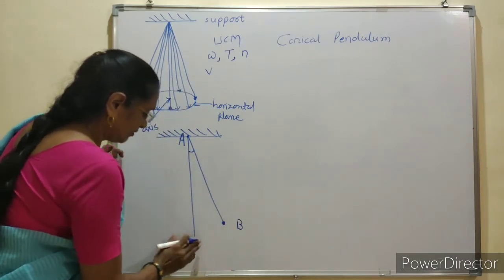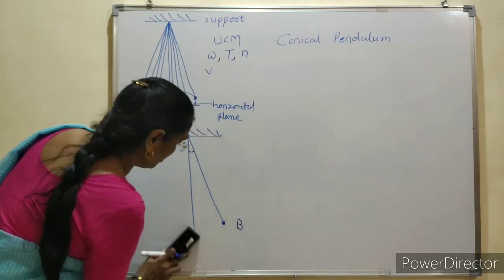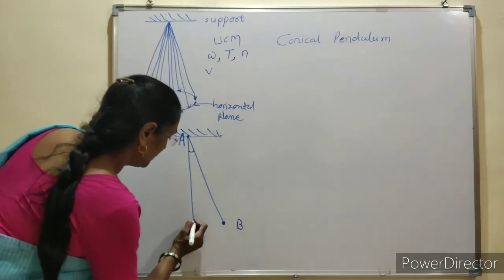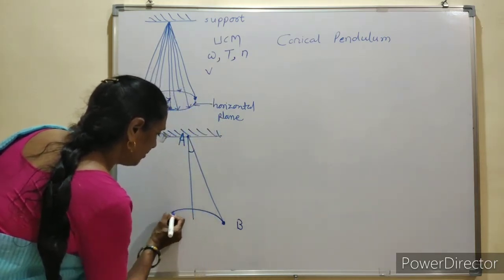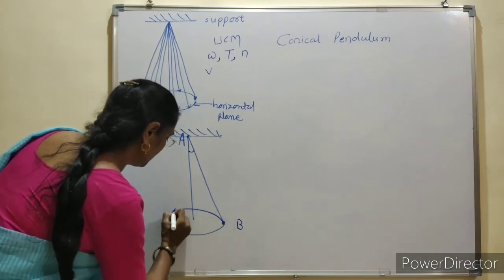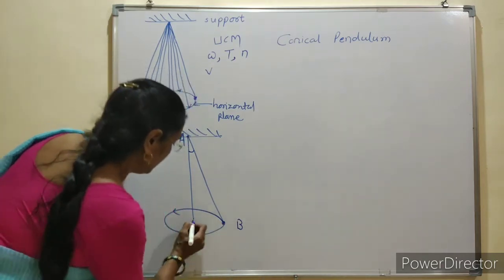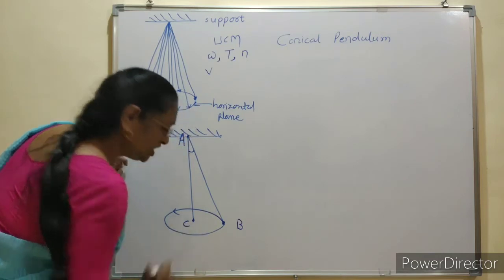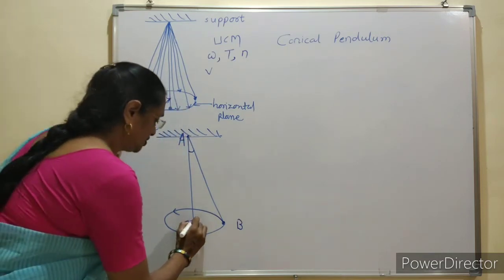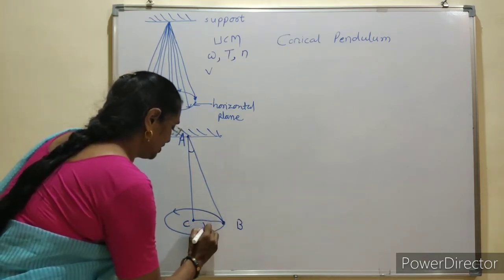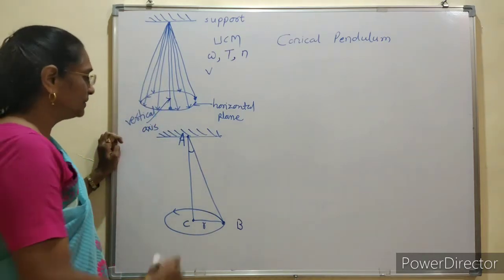Then its circular path also can be shown in the diagram. The horizontal circular path. Then the center of the circle is C. Here CB represents the radius of the circular path.